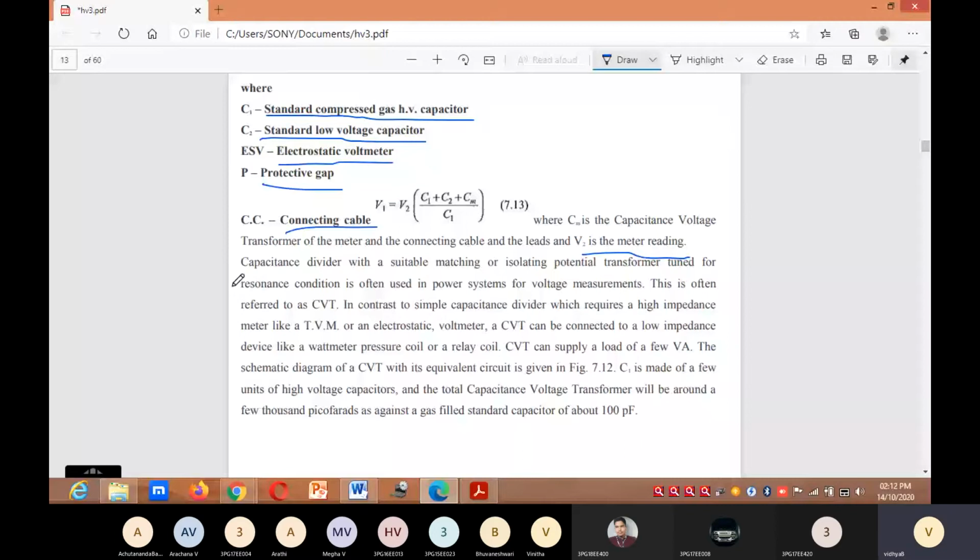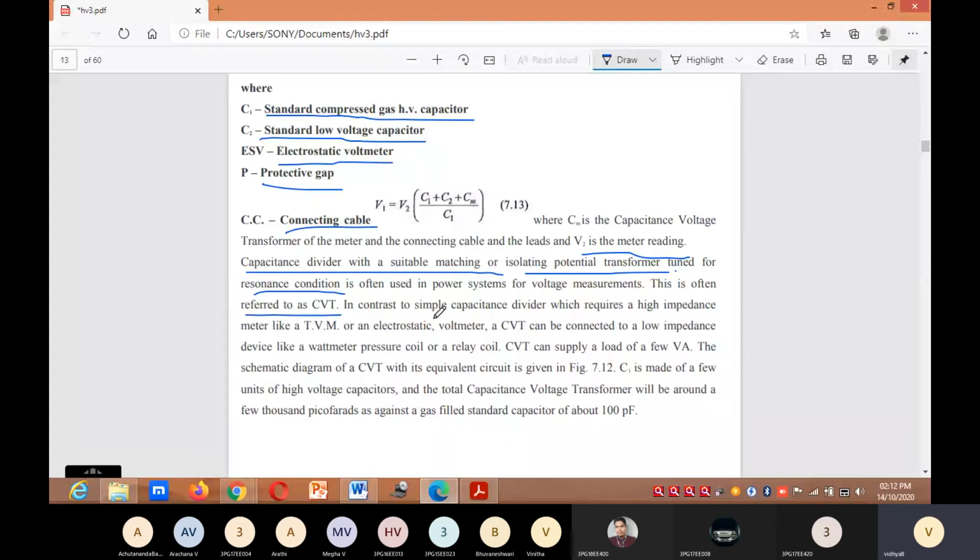A capacitance divider with a suitable matching or isolating potential transformer tuned for resonance condition is often used in power systems for voltage measurement. This is often referred to as CVT.